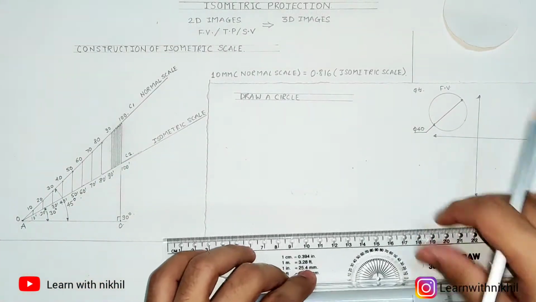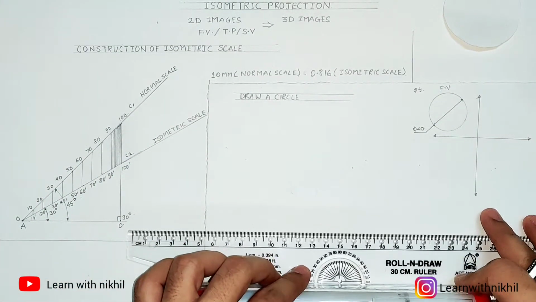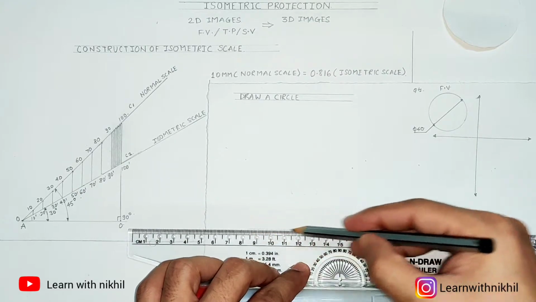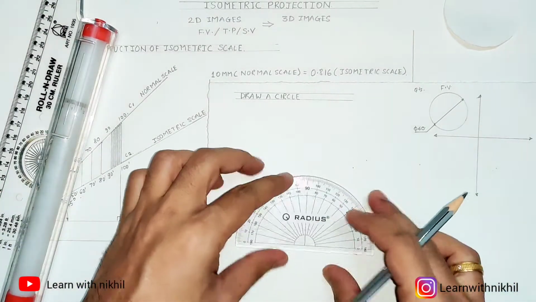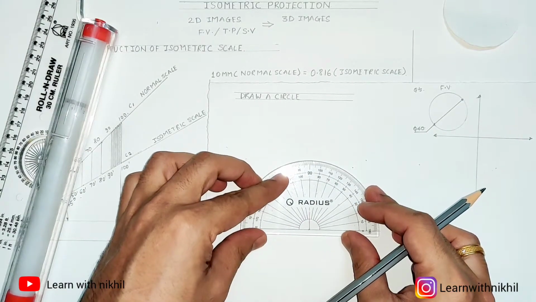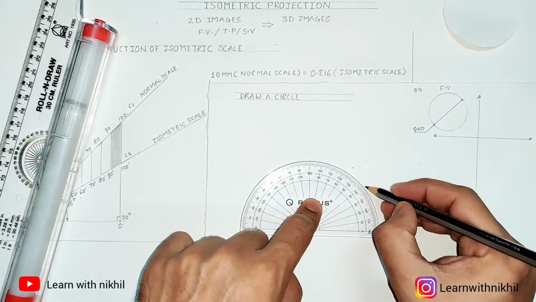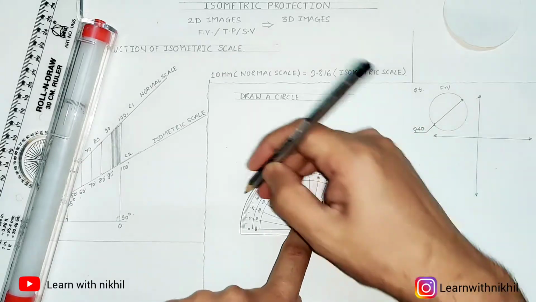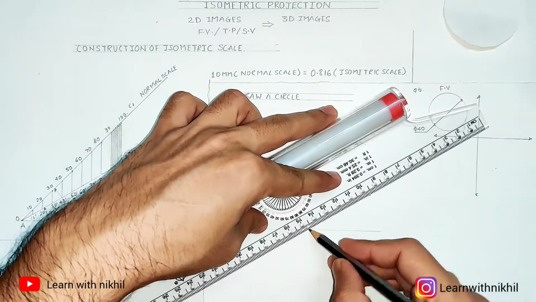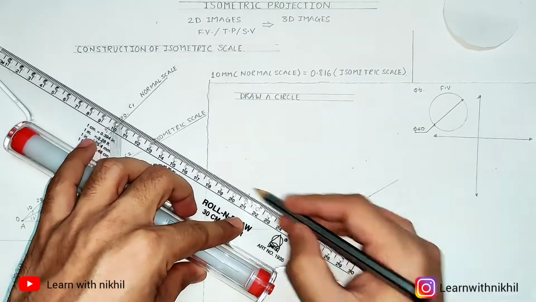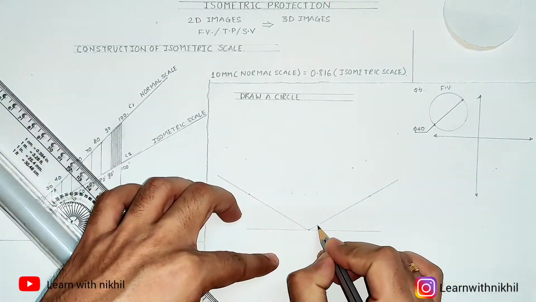Now to construct the circle in isometric view, same procedure. First we will draw a straight line, and from a point we will draw two angles, that is 30 degree and 30 degree. This angle is 30 degrees and this angle is 30 degree.